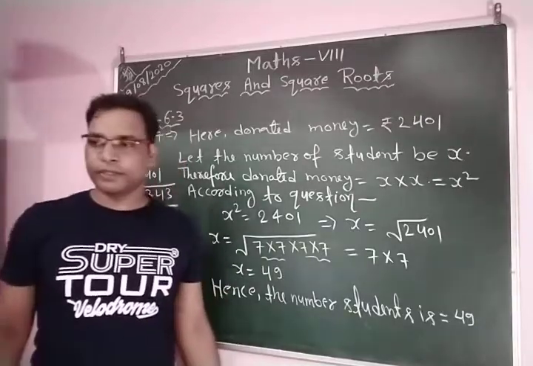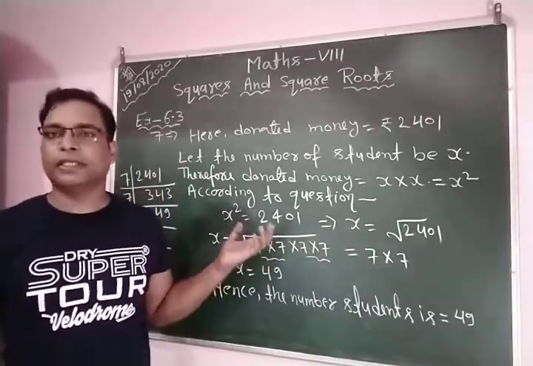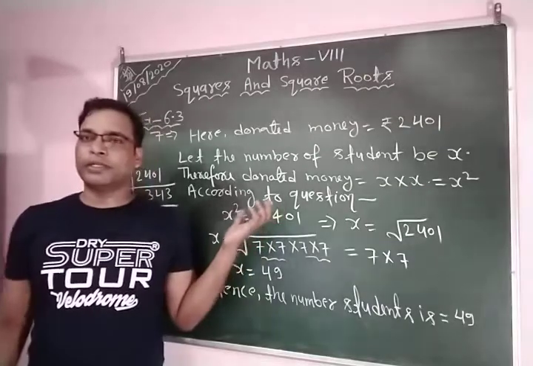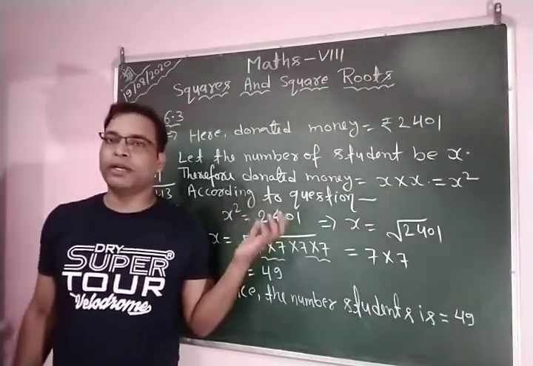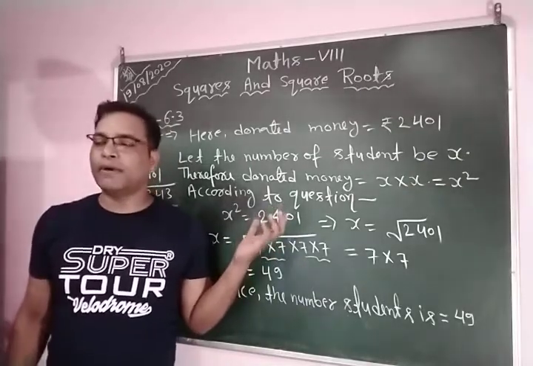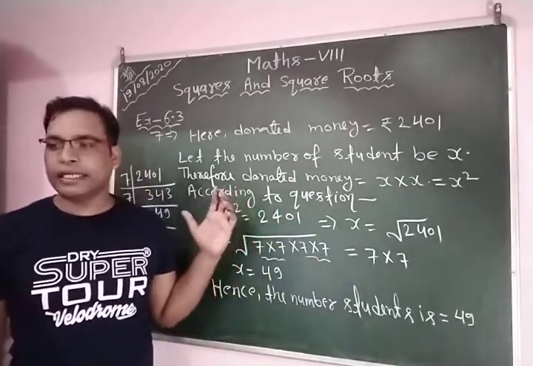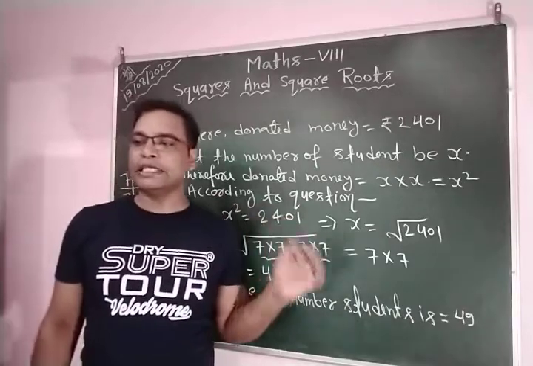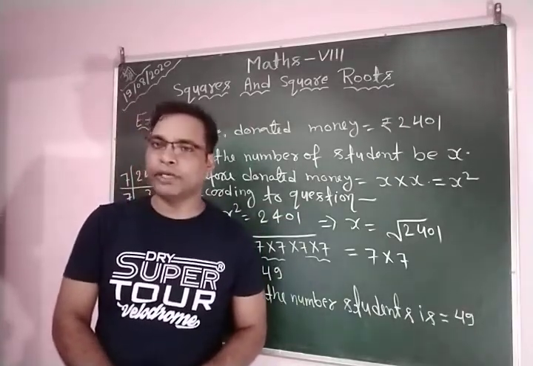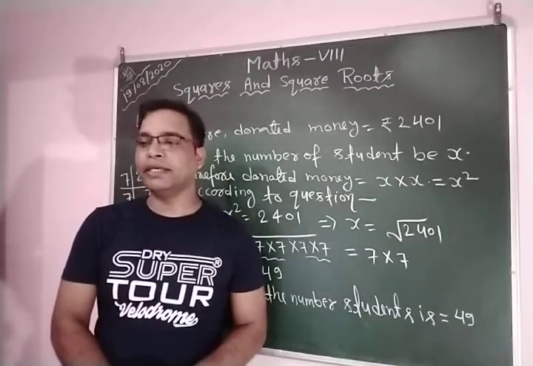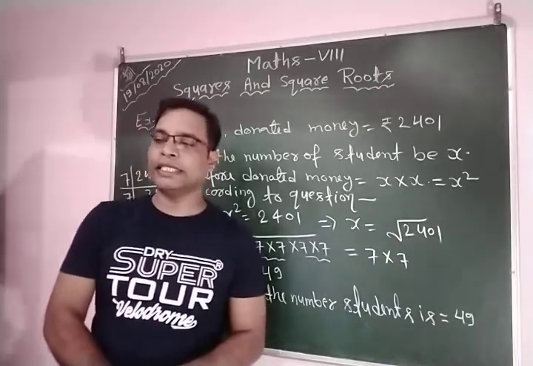So the question is to find the number of students. The students of class 8 of a school donated 2401 in all for the Prime Minister's National Relief Fund. Each student donated as many rupees as the number of students in the class. Find the number of students in the class.